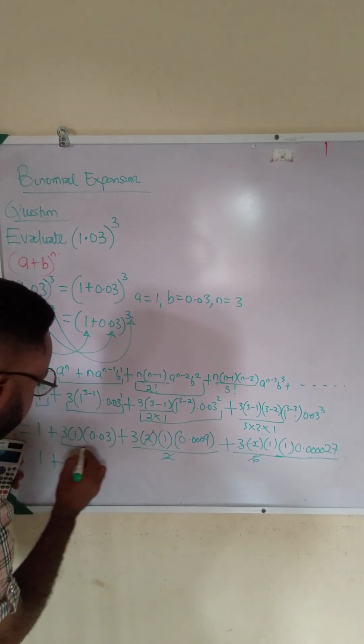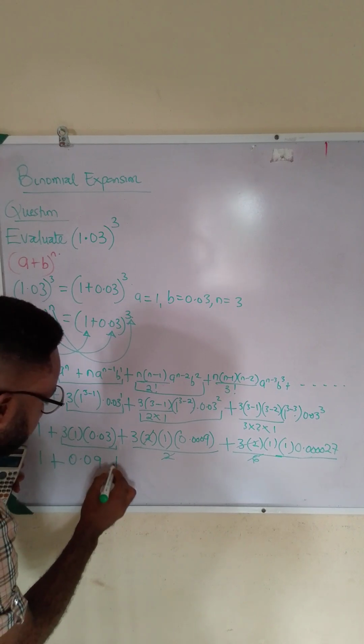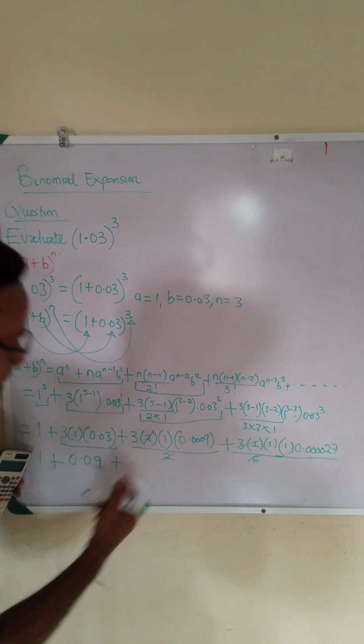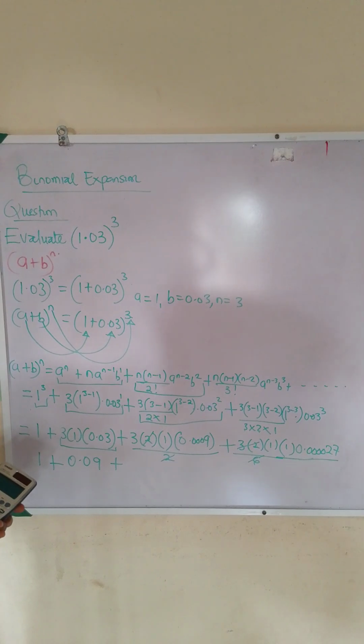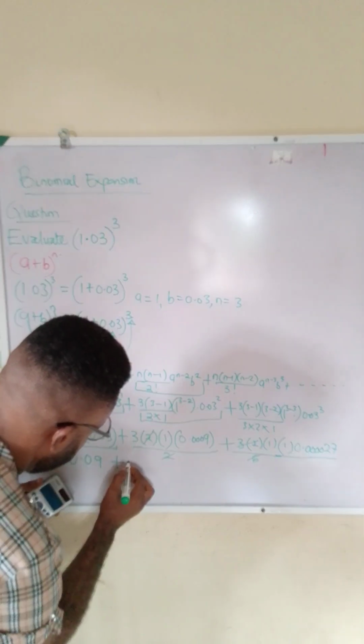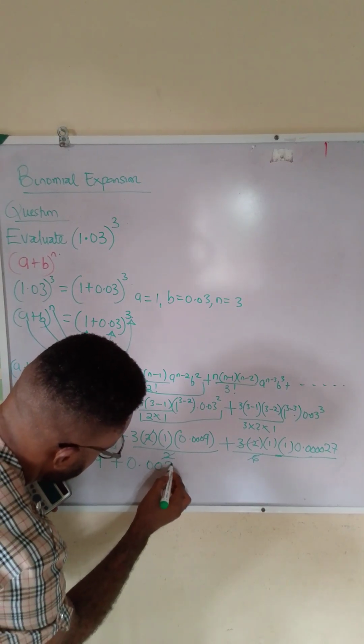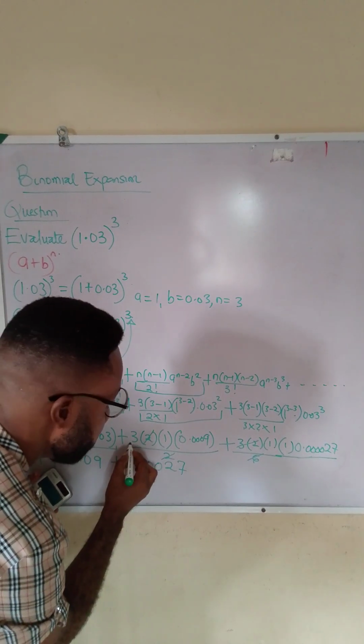So the whole of this now will be 0.09 plus 3 times 0.0009. That will give us 0.0027. We are done with this now.